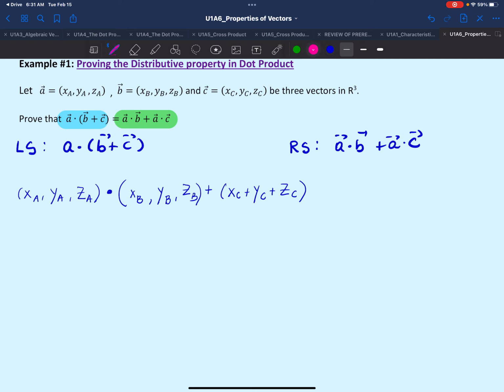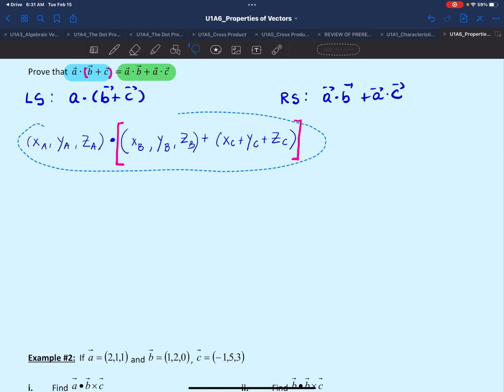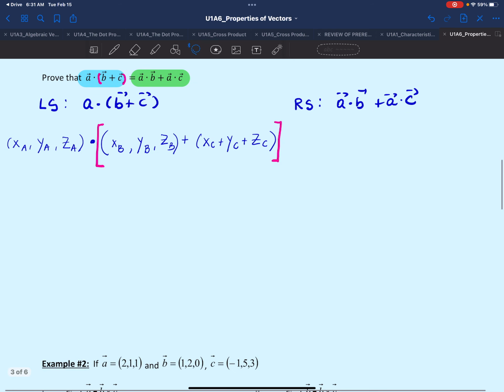Now remember that these are in brackets, B and C. Let's start simplifying inside the brackets first. I'm going to bring this a little to the left so we have a fair amount of space on both sides.